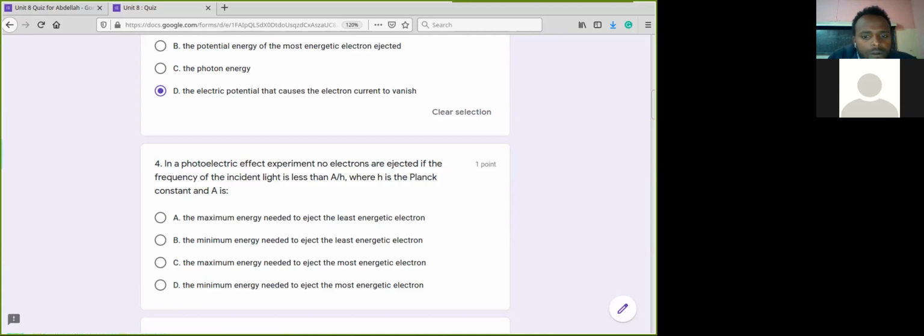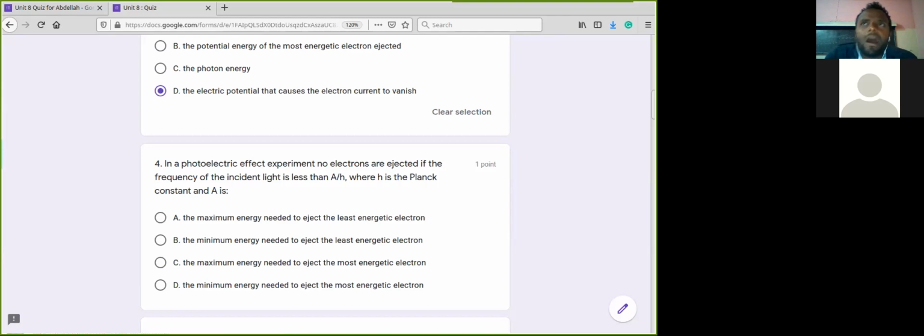The least energetic electron, what does it mean? The least energetic electron means the electron having the least energy. So what does having least energy mean?